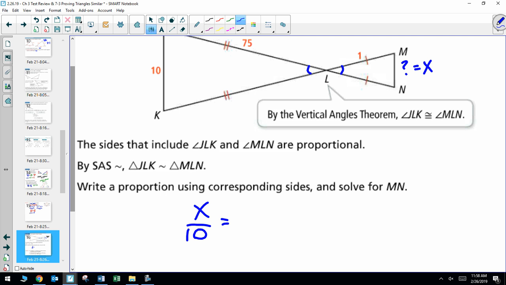And that ratio is equal to the other one. Here, I started with 1. Let's say I ended with 1, and I started with 75. Those two ratios have to be equal. This side compared to this side has to be equal to this side compared to this side.